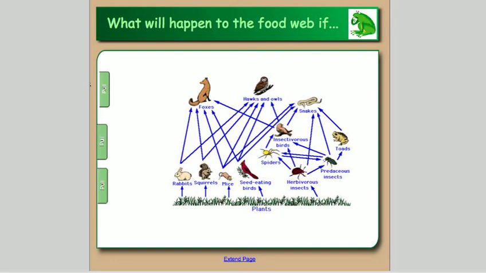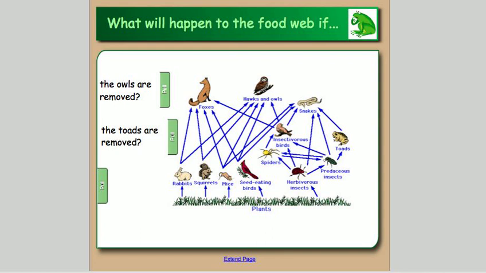What will happen to the food web if the owls are removed? If we remove the owls, the rabbits, squirrels, and mice would become too plentiful. What if the toads were removed?